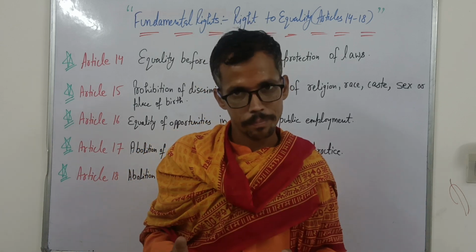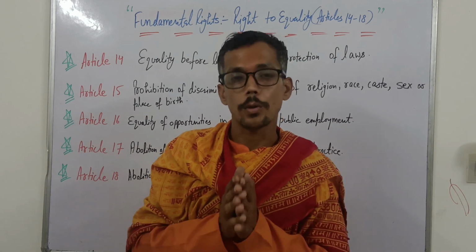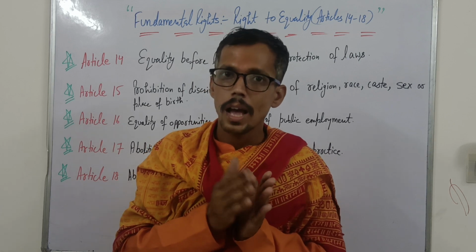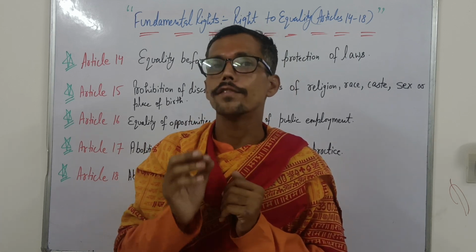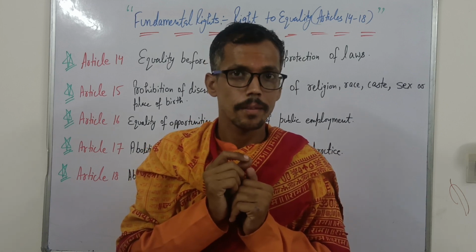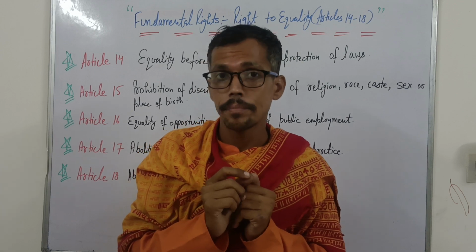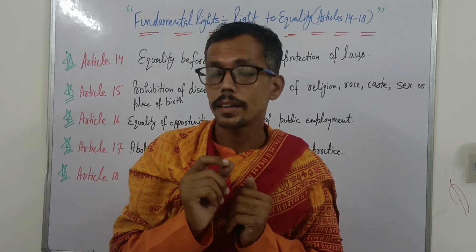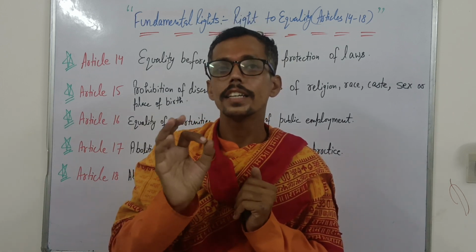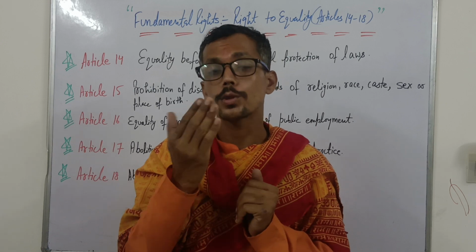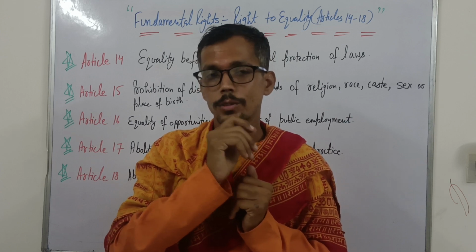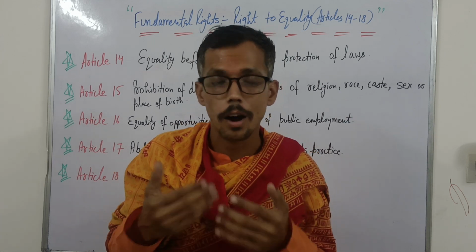So here, what happened? There was a law, the name of the law was the Untouchability Offences Act 1955. It was comprehensively amended and renamed in 1976. So how was it renamed?